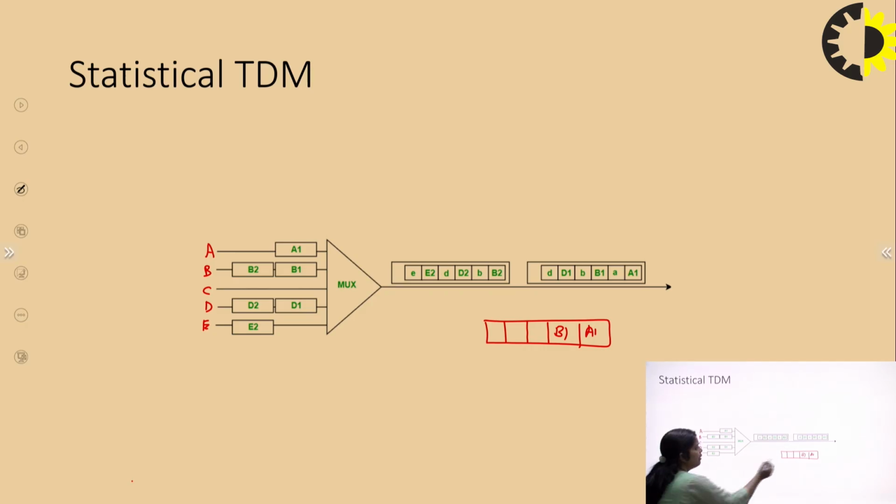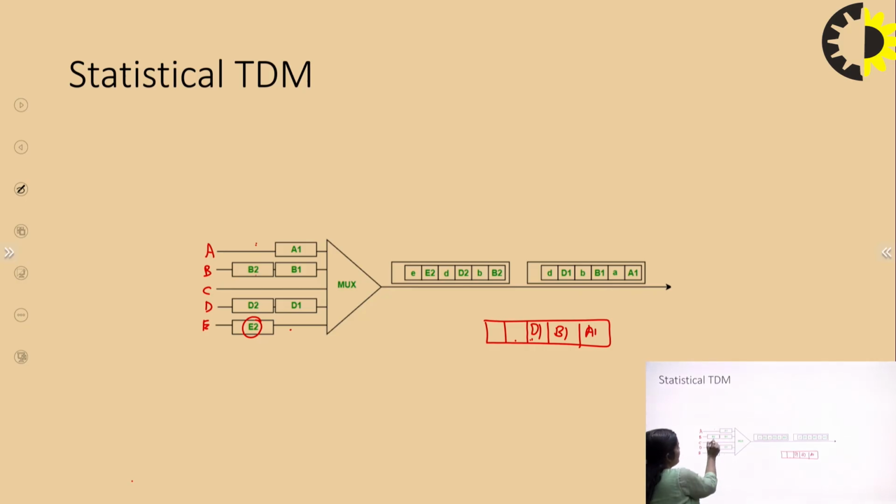That's okay. This particular place is not vacant, unlike the synchronous TDM. Now this place is filled by D1. Fine. Next there is E2. You can see here there is E2, but E1 is not present. That is okay.